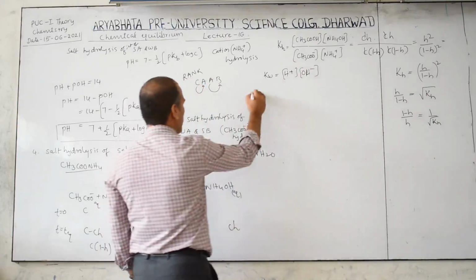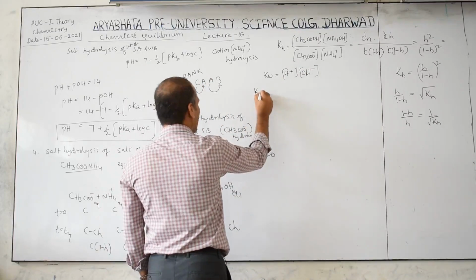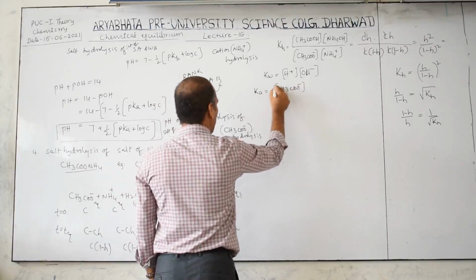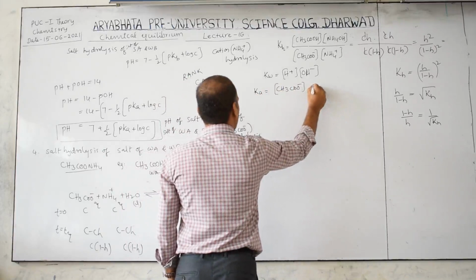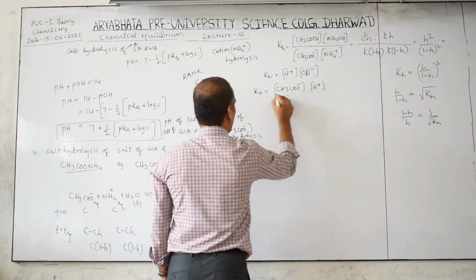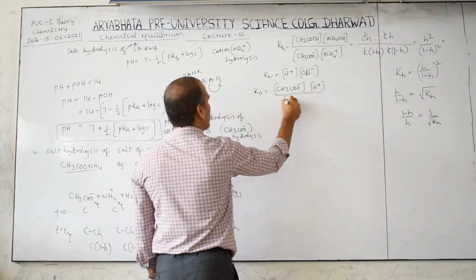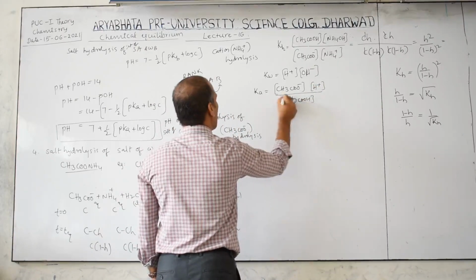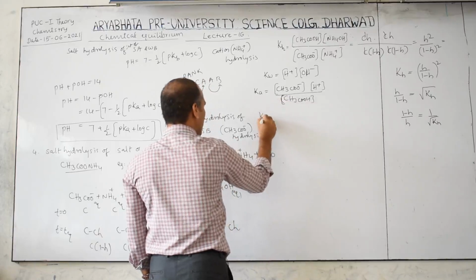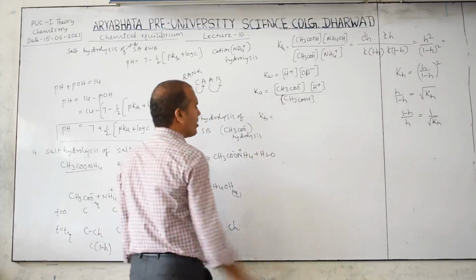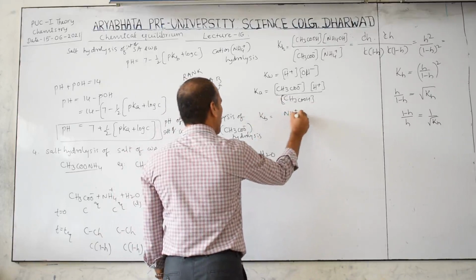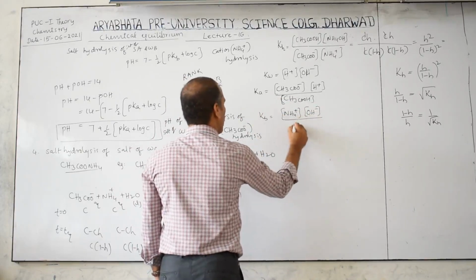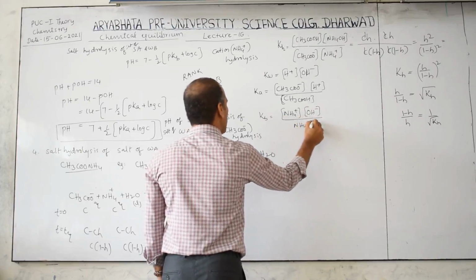We also know for the weak acid CH3COOH, already given in the previous salt hydrolysis, directly I am writing here: Ka is CH3COO minus concentration into H plus over CH3COOH. For the weak base ionization, Kb is NH4 plus concentration into OH minus ion concentration over NH4OH concentration.